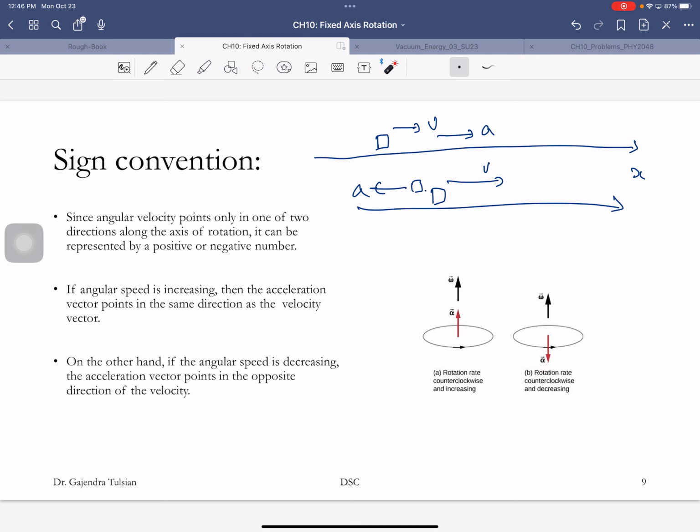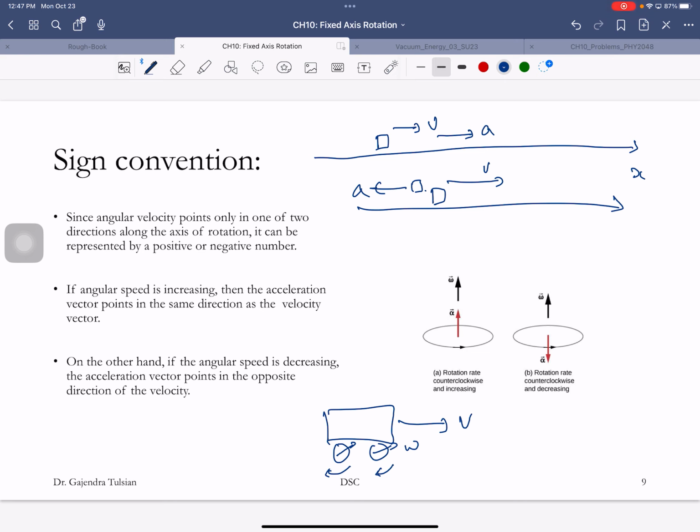Okay? So for instance, in your car, if you're driving your car this way, okay, if your car is moving this way, the wheels are spinning this way, so your angular velocity is pointing in that direction. Angular velocity is pointing perpendicular to the direction of motion. Okay?